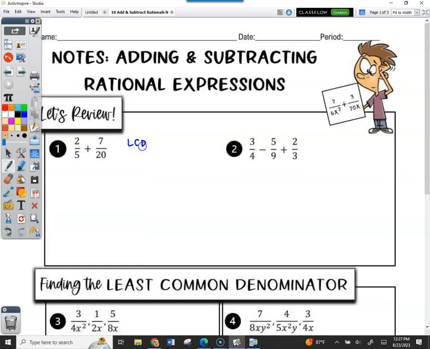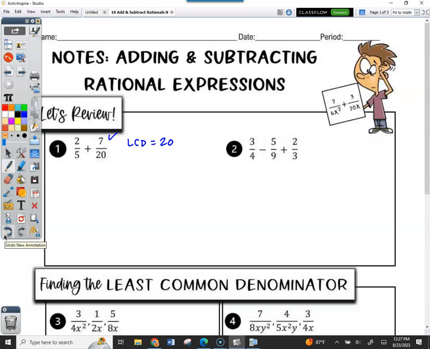The LCD would be 20, which means this one's fine. So we would need 2 over 5 to become something over 20. And the only way to do that, we can't change the value of it, so we're going to change how the value of our 1 looks. We can multiply this by 1, right? Nothing changes. So we're going to change how the 1 looks.